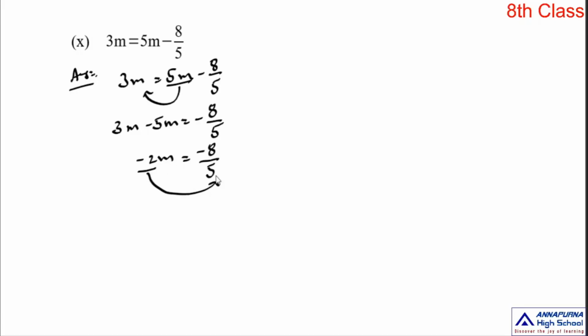When you transpose to right side, multiplication changes to division, but on the right side we have a p by q form, so that's why here we are not presenting the division directly. Here we present the division as multiplication by writing the reciprocal of this factor. So minus 2 reciprocal is 1 by minus 2.